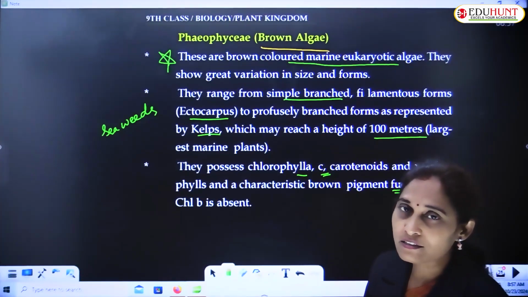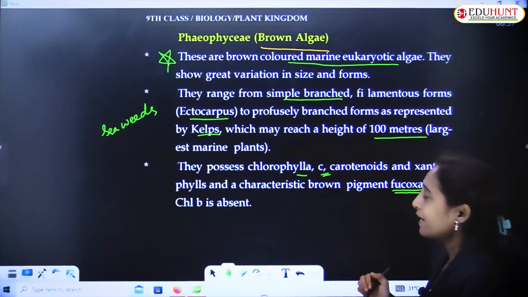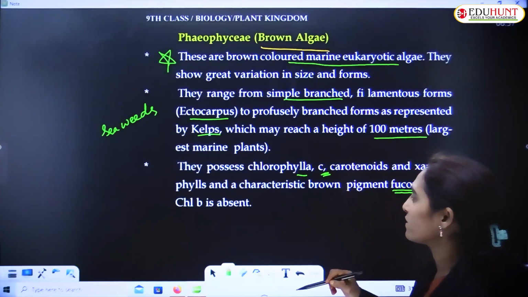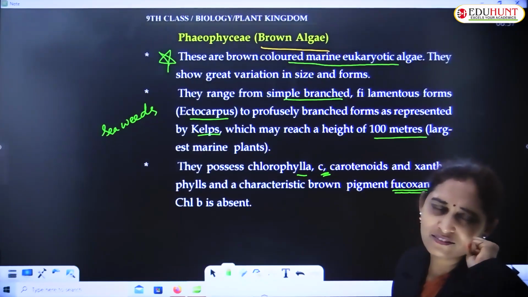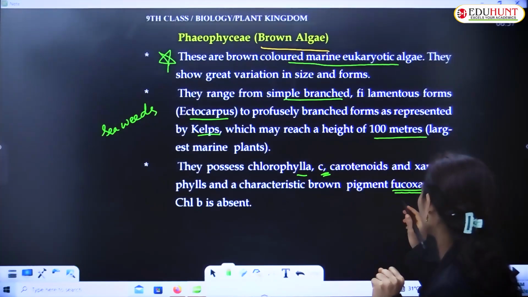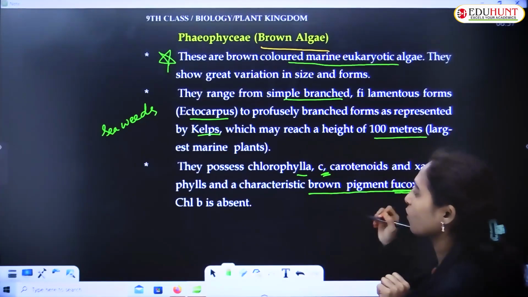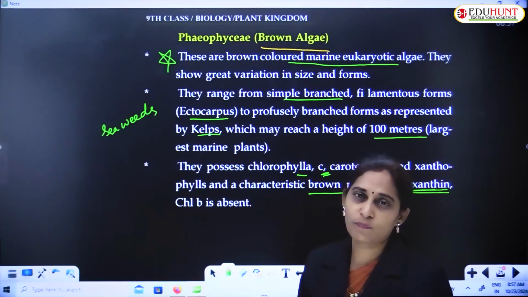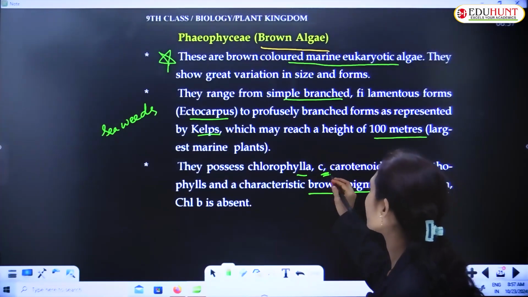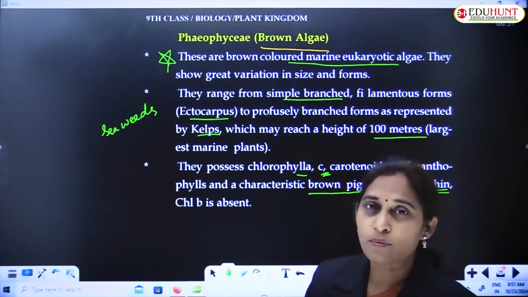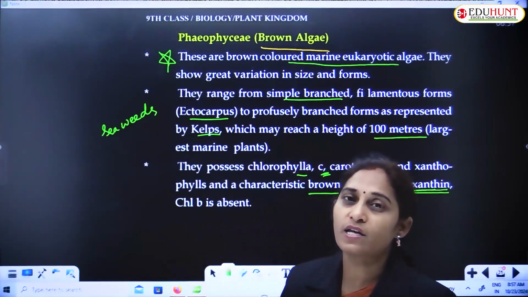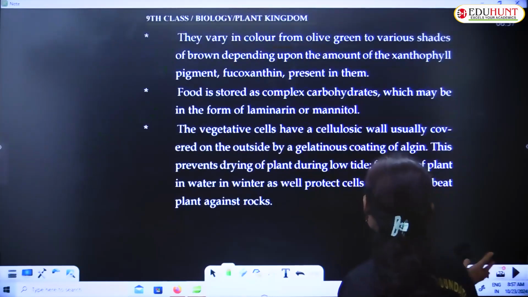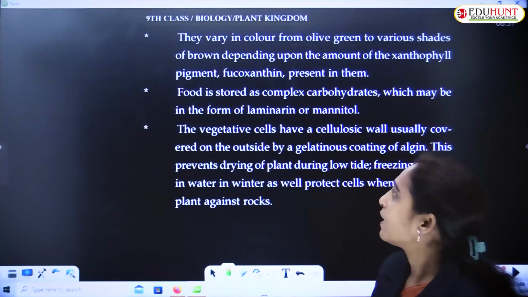The reason is, in addition to chlorophyll A, they have chlorophyll C, carotenoids and xanthophylls, and a characteristic brown pigment called fucoxanthin. Chlorophyll B దీనిలో ఉండదు, chlorophyll C ఉంటుంది. ఫ్యూకోజాంథిన్ ఉండడం వల్ల ఇవి బ్రౌన్ కలర్లో కనిపిస్తాయి.